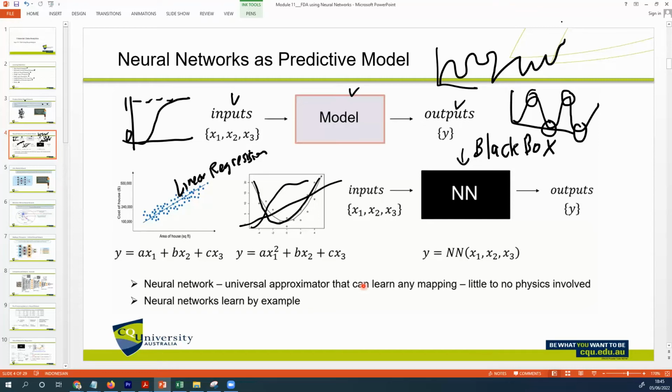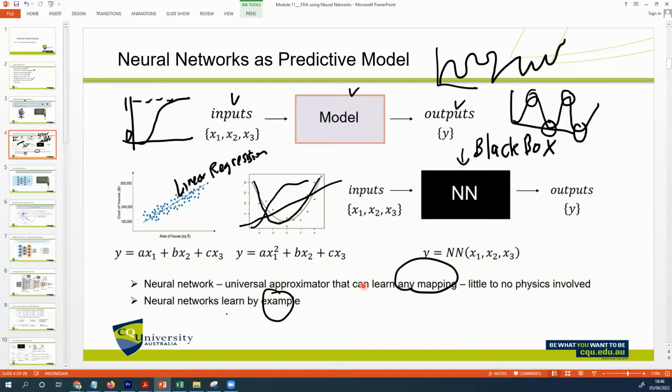Neural network is a universal approximator that can learn any mapping. And it learns by example. Not only your kid learns by example, neural network also learns by example.